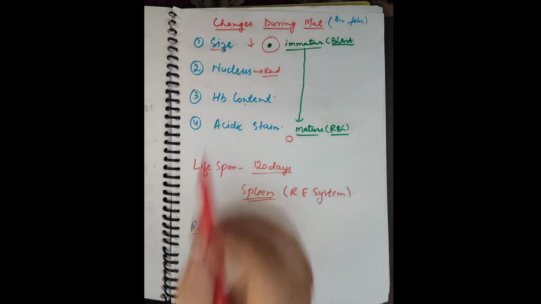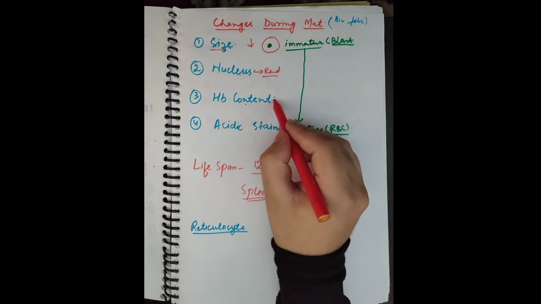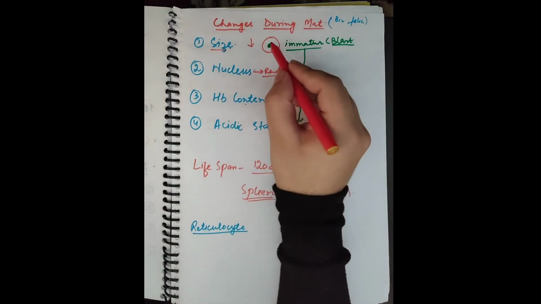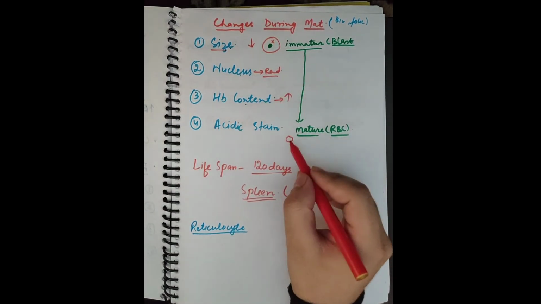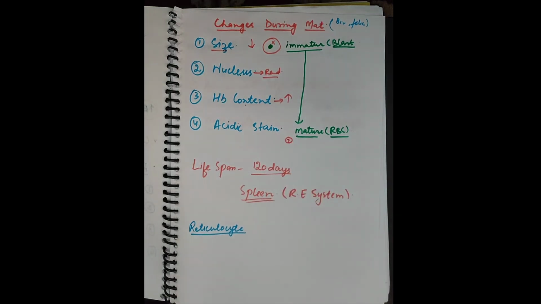Okay, hemoglobin content progressively increases. There will be no hemoglobin at first, and slowly the hemoglobin content will start to rise. And hemoglobin has a basic nature. Since the immature cell has less hemoglobin, it will have less basic character, and the mature RBC has more hemoglobin, so more of the basic character.